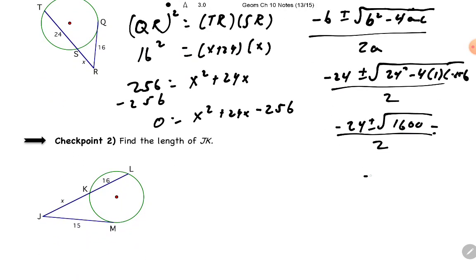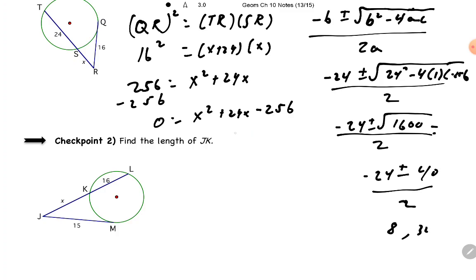So I'm going to get negative 24 plus or minus 40 divided by 2. Actually, this is going to come out nicely. So I just couldn't think of it in my head. So we'll get 8 and 32.